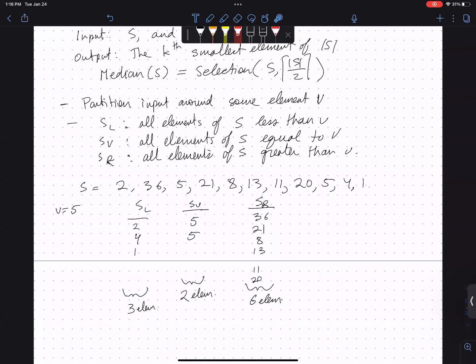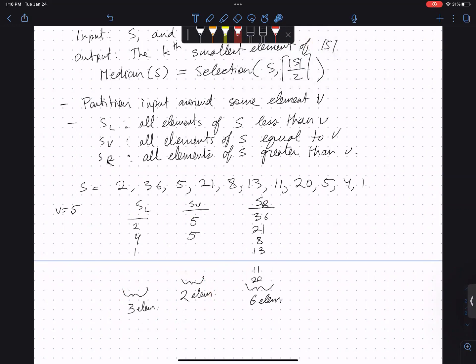Yeah, so let me repeat. If you just want to know which category it's in, then you know that the size of SL plus the size of SV is 5. So if you're looking for the 8th smallest element, you're going to be in SR. You can be more specific because you know 5 elements are in here.